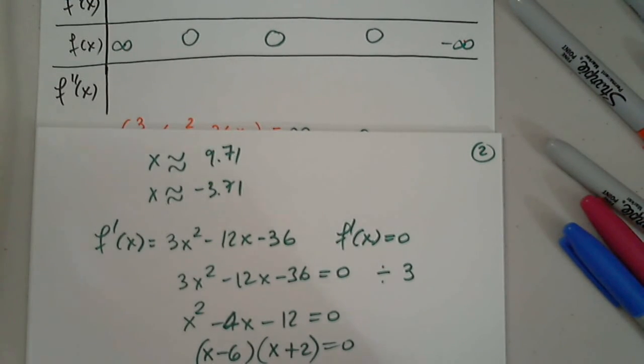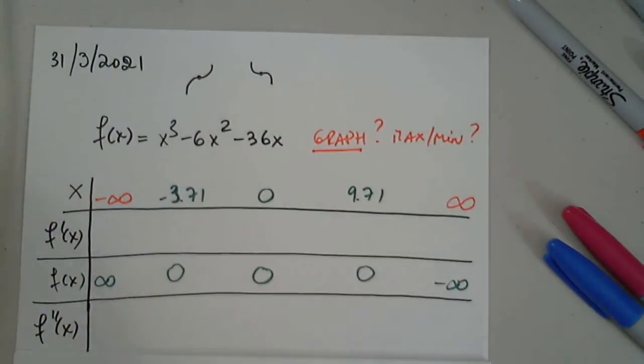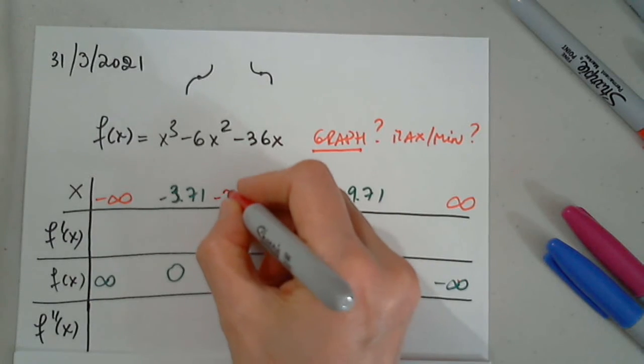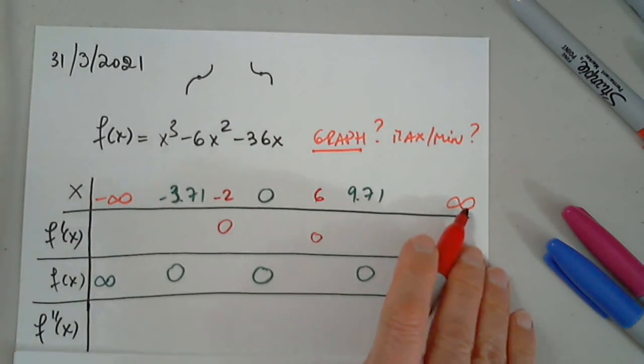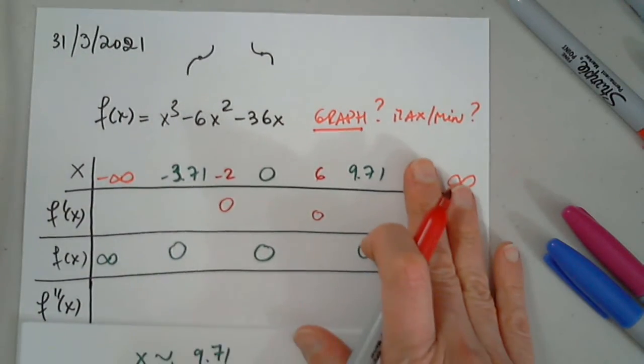So I have x equals 6 and x equals negative 2. I hope I don't run into problems with my table, so I don't have to create it again. So here's the 6 with a 0, and here's the negative 2 with a 0. Be very careful. All these numbers have to be in the correct order. Do not place negative 2 here or 6 here or whatever else, right?